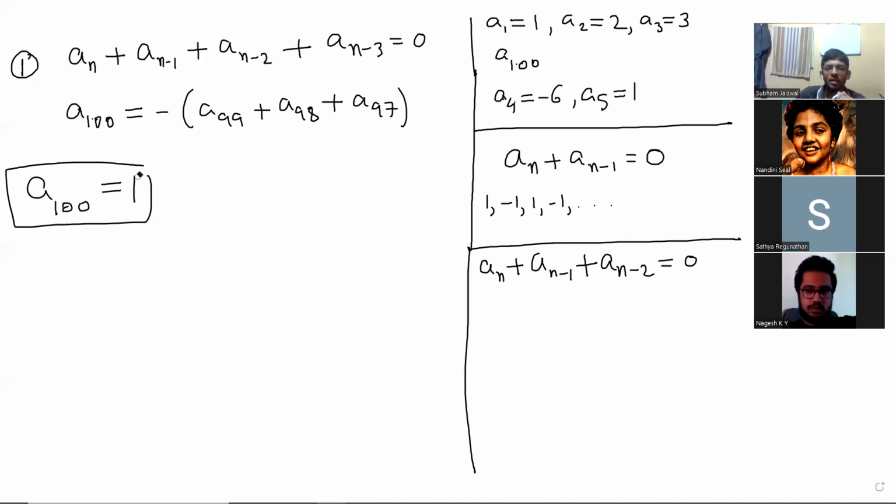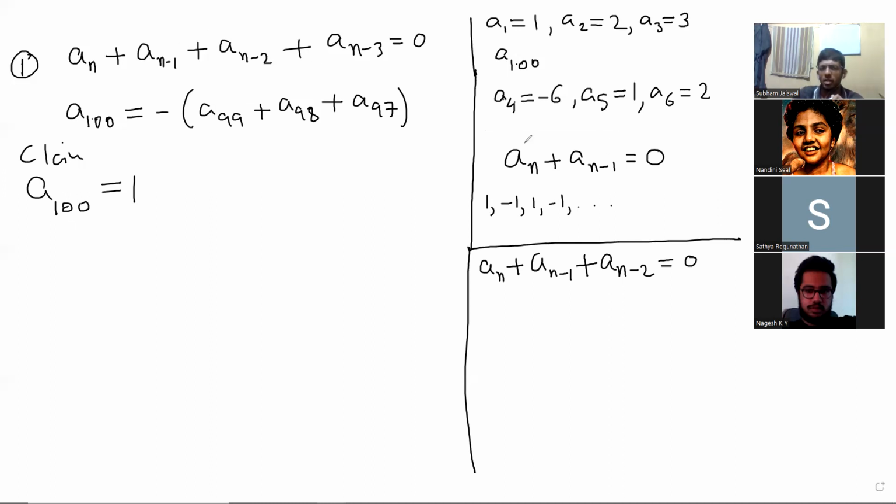No, because A6 is 2. Okay. So I thought it would be just cyclical. A7 would be 3. Let's compute it. You compute A7. I think it will not be A3.